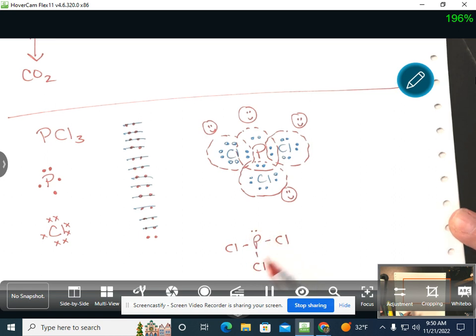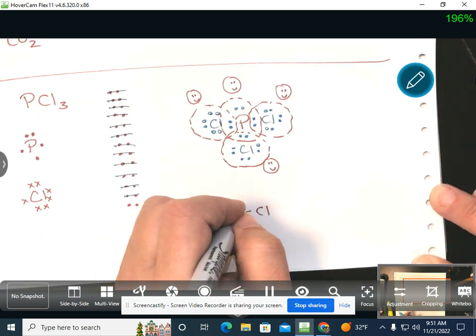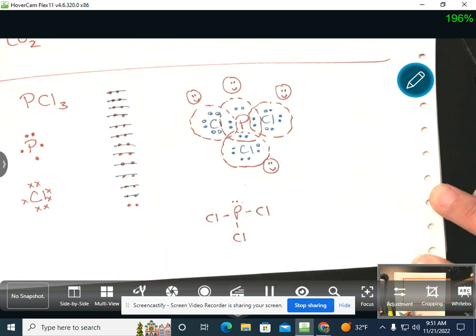Electron geometry will not be asked on the Regents. It's always molecular geometry. But electron geometry helps us understand what the shape is going to be. This is going to be a trigonal molecule. And is it going to be trigonal planar or trigonal pyramid? Pyramid. This electron domain right here is pushing these 3 guys down.